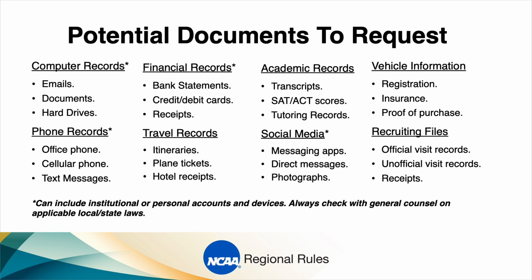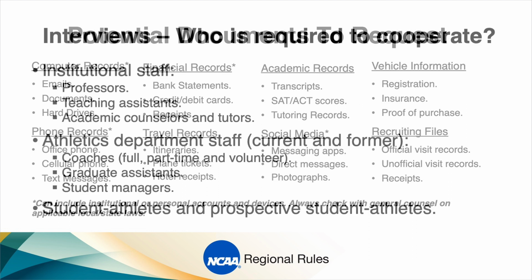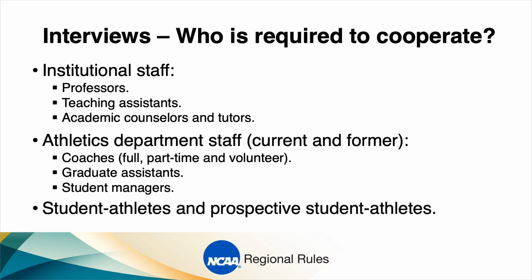It's important to remember that prior to requesting these records, you should always check with your institution's general counsel on applicable institutional policies, as well as local and state laws, and any implications they may have on your requests.